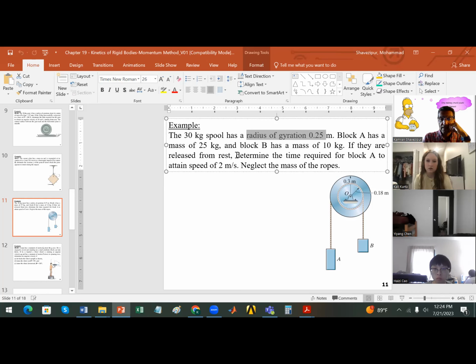And it says, again, they are released from rest, determine the time required for block A to reach the speed of 2 meters per second. Okay. So let's just draw the thing here.